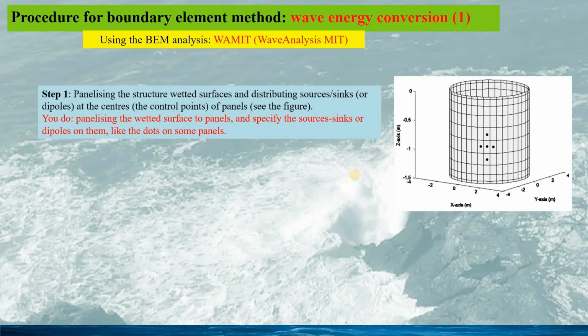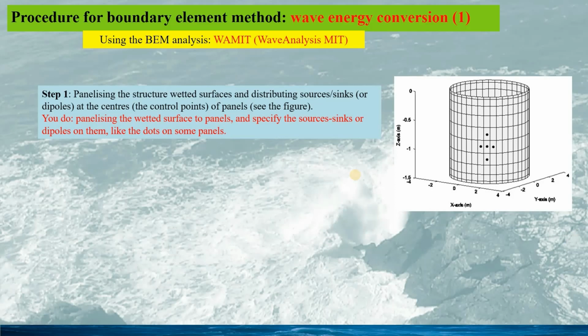That's why the boundary element method, for instance, WAMIT, ANSYS AQWA, and some other BEM software packages have been regarded as the industry standard. This is true for wave energy conversion.